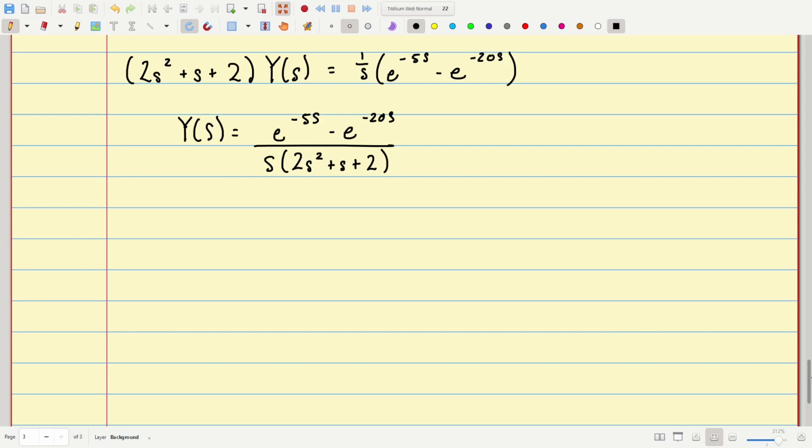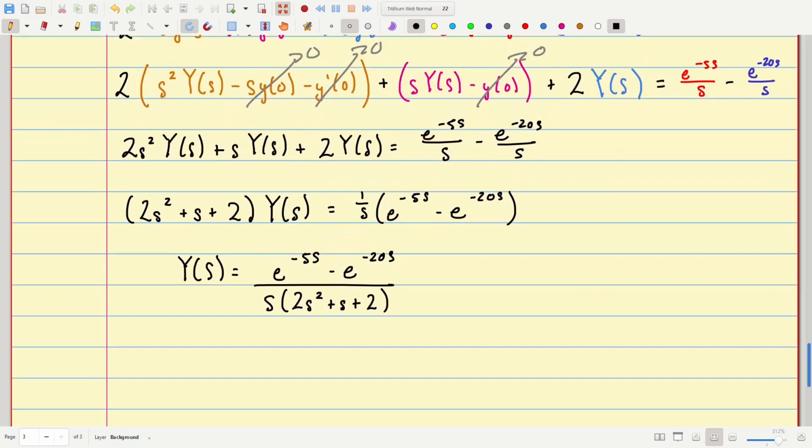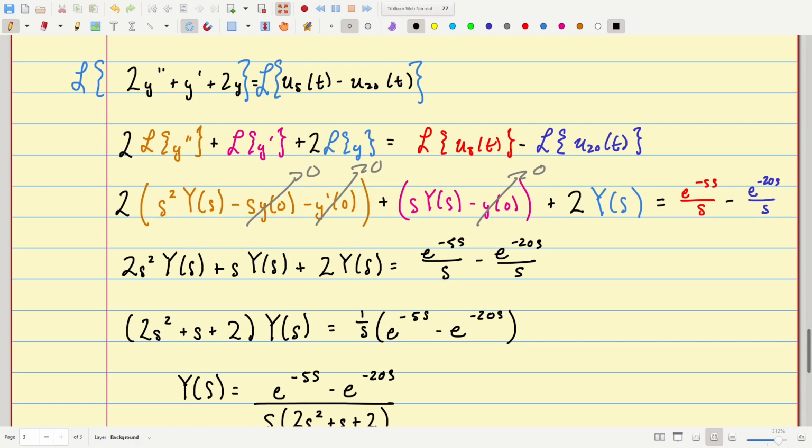Make sense? Yes. So for determining what's going to happen when we apply the Laplace transform for an expression like this, the parts that I have marked on screen right now are an identity and it always happens that way.